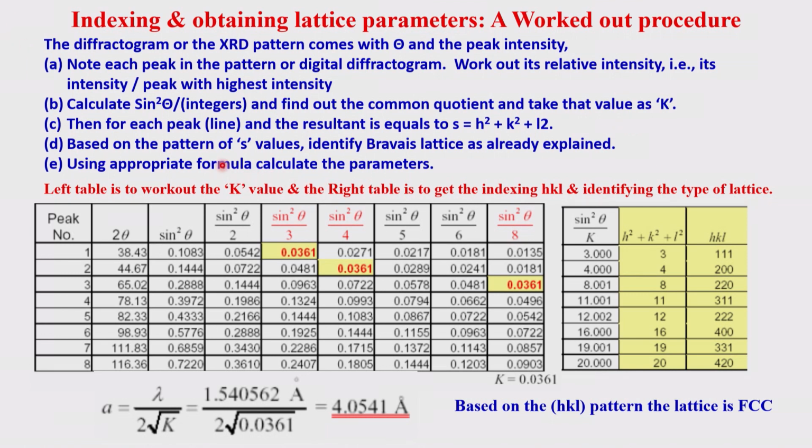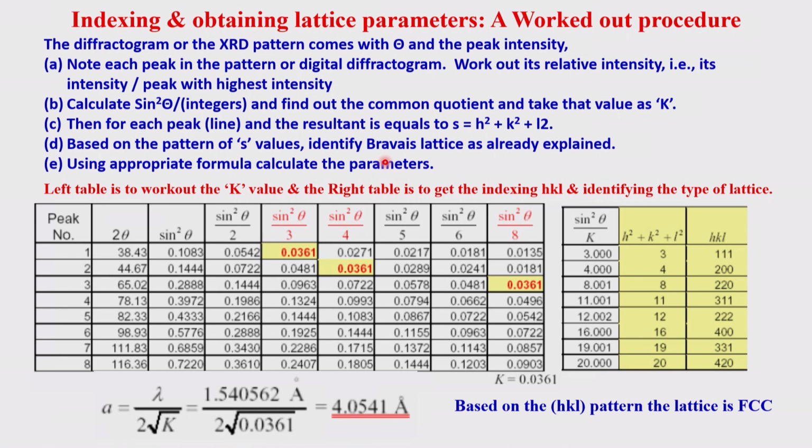Okay. And then we can get the peak line, which is resultant to h square plus k square plus l square. Based on the pattern of s value, one can identify, as already explained in the previous class, how to get the Bravais lattice by looking at the reflections which are present and the reflections which are absent. Primarily it is the reflections which are absent that are most important. Present could be weak. When they are weak you may not be able to see them, but that should not be taken as absence.